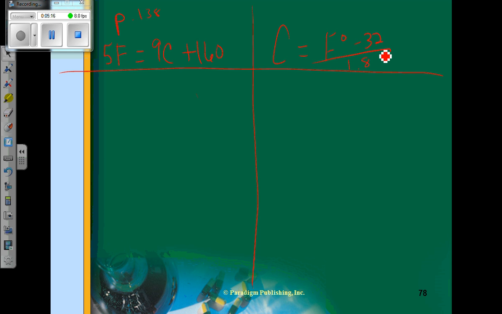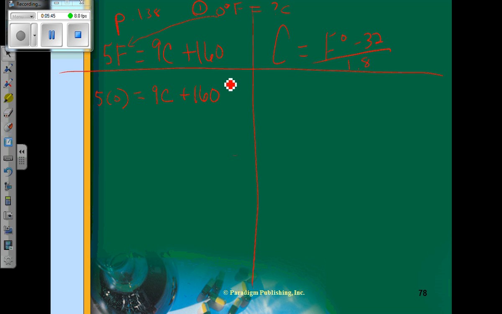If you take the first one, number 1, you have 0 degrees Fahrenheit, and you want to take it to Celsius. We have the Fahrenheit temperature, so we put it with the F: 5 times 0 equals 9C plus 160.